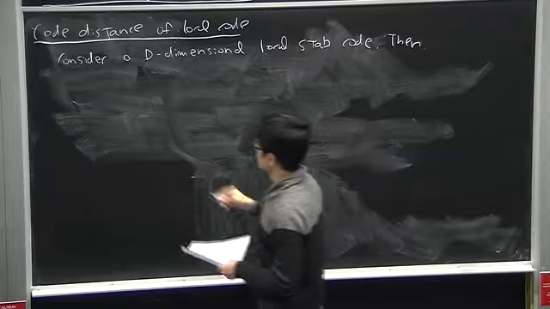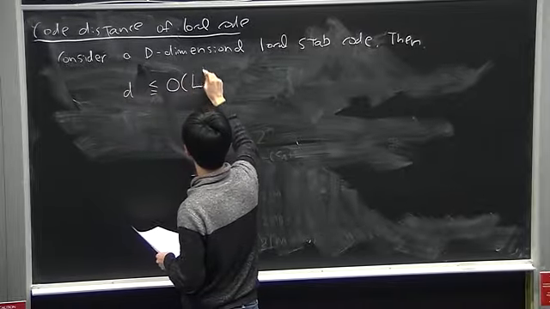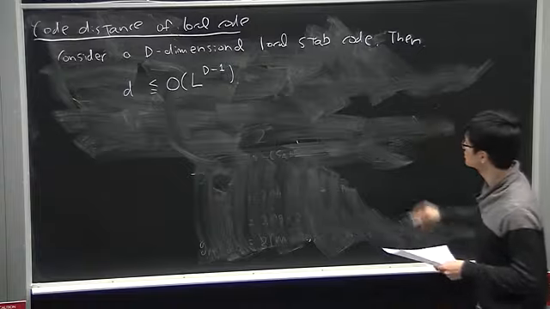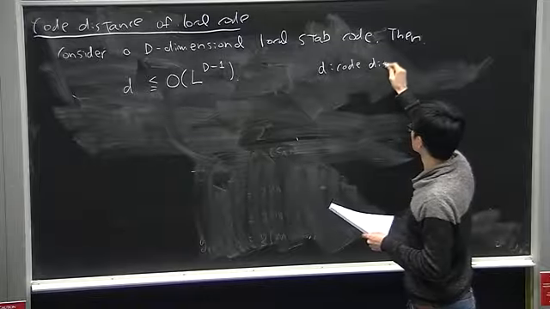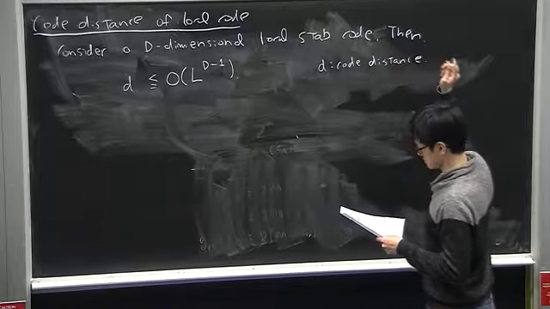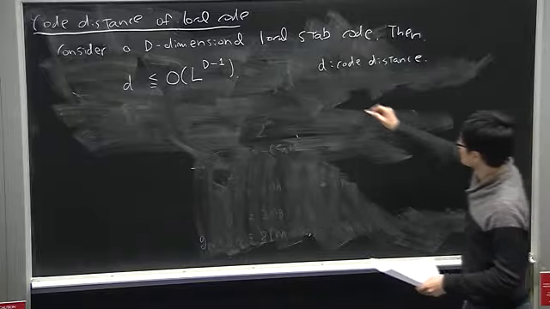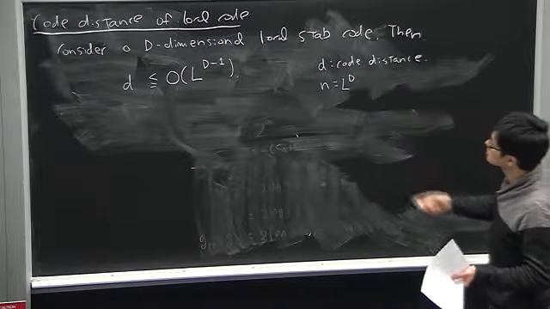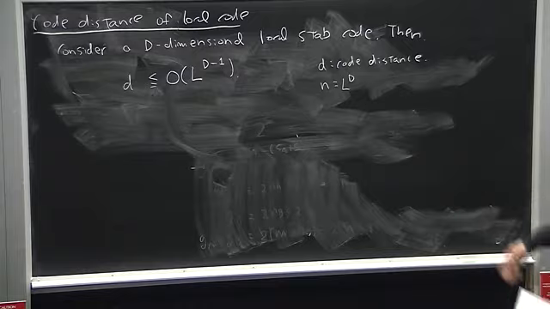It turns out that the following bound is always true, where small d is the code distance. This is pretty non-trivial because n is L to the D. So this result says that distance cannot be as big as the volume of the system.